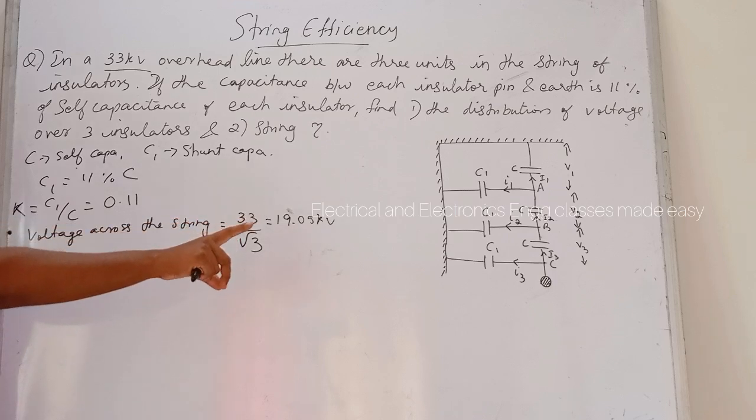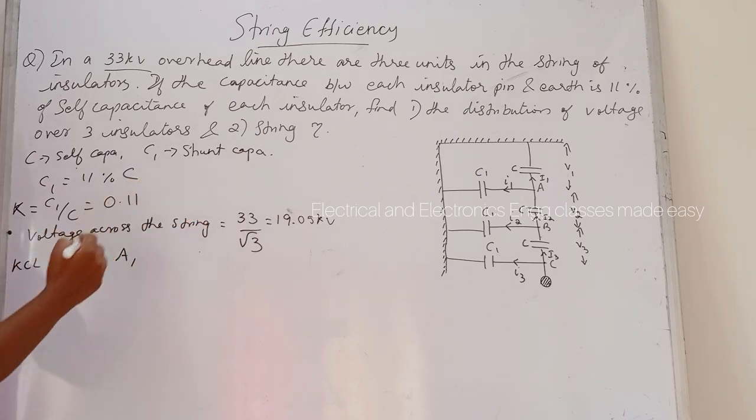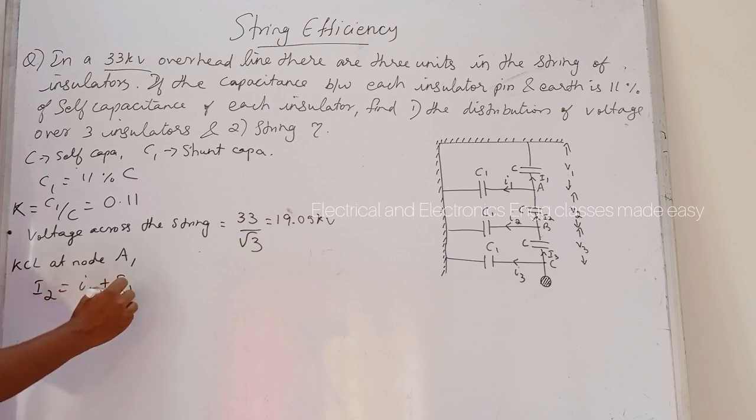Now we have to apply Kirchhoff's current law at each node. So applying KCL at node A, we get I2 is equal to i1 plus I1. And what is I2?